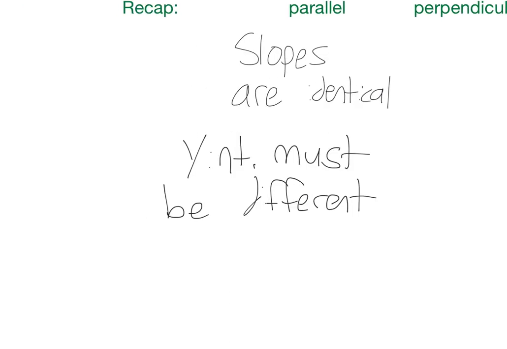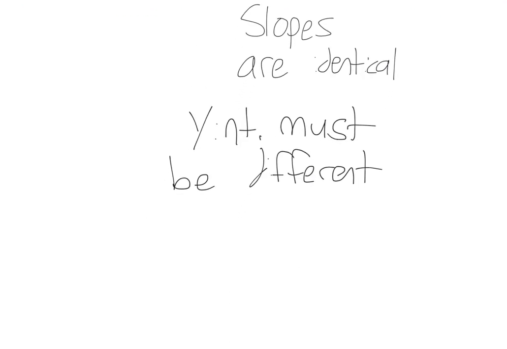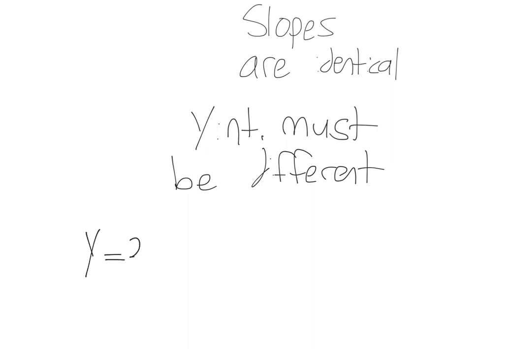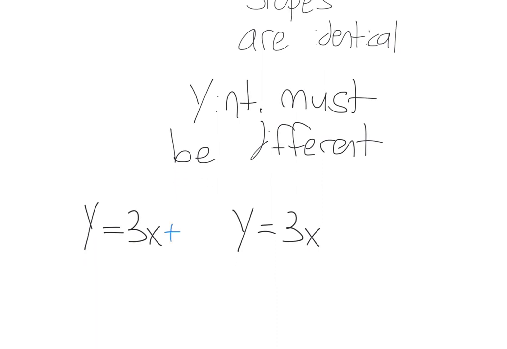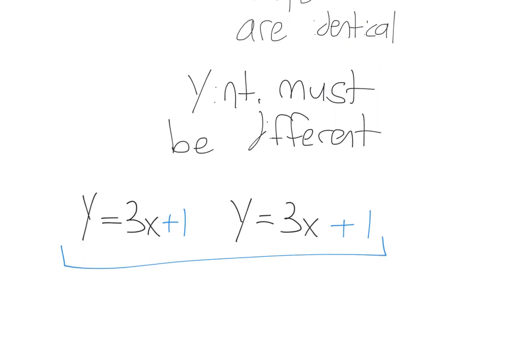We didn't cover that, I don't believe, in the first part, but if I have two equations that have the same slope, and I want them to be parallel, which means they never cross, they need to have different y-intercepts, because if they had the same y-intercepts, these lines aren't parallel, it's the exact same line. So if I wanted them to be parallel, I need to keep their slopes the same for the 3x and make the y-intercepts different. You have to have different y-intercepts to be parallel.